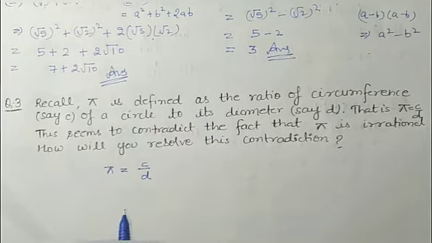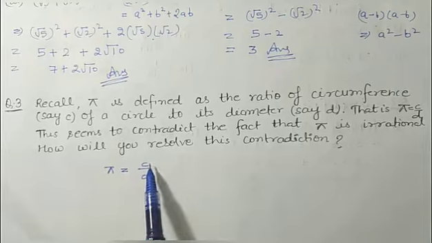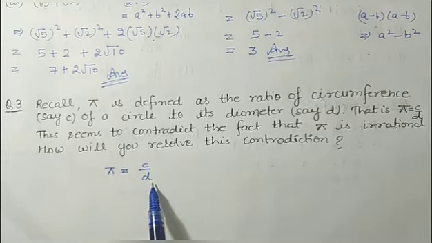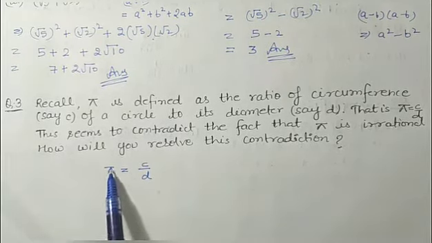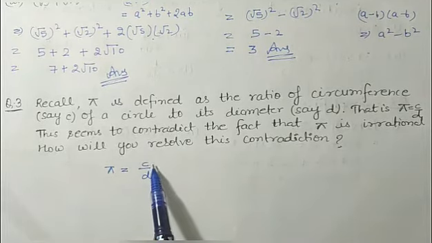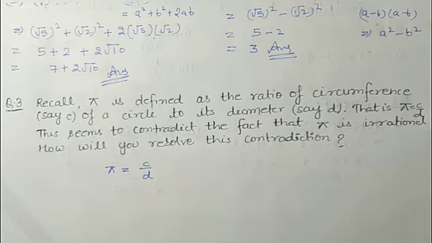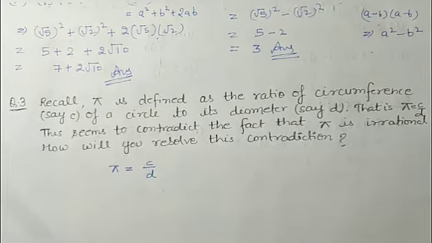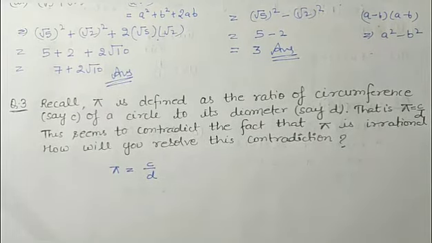The value of pi is found by the formula circumference upon diameter of the circle. Pi is a constant and its value is c upon d. See students, no measurements are proper.